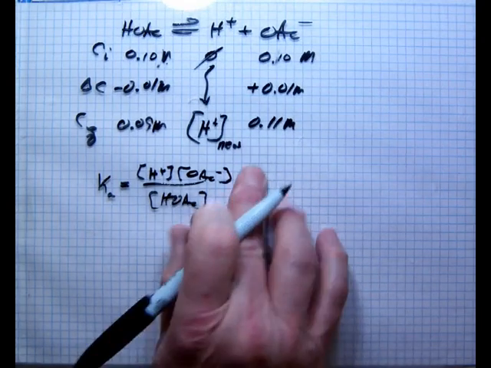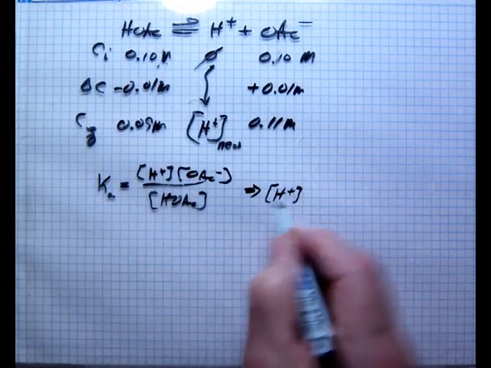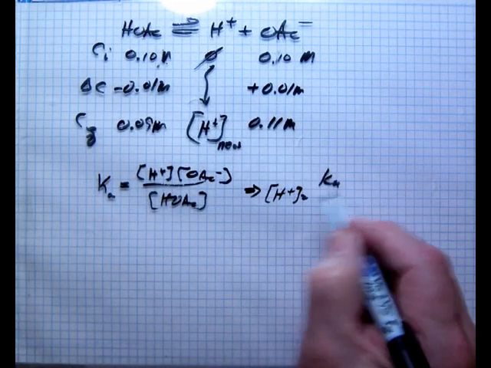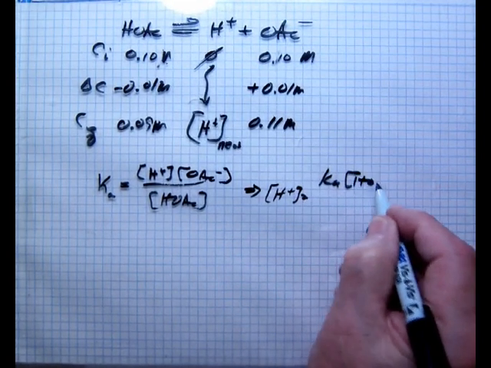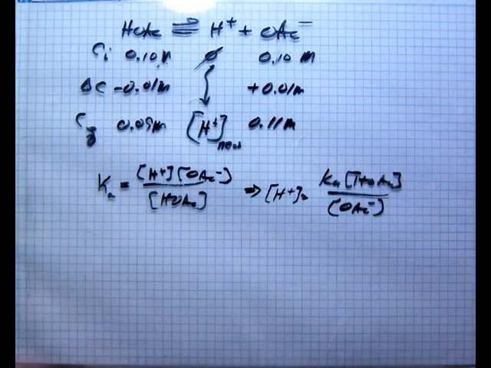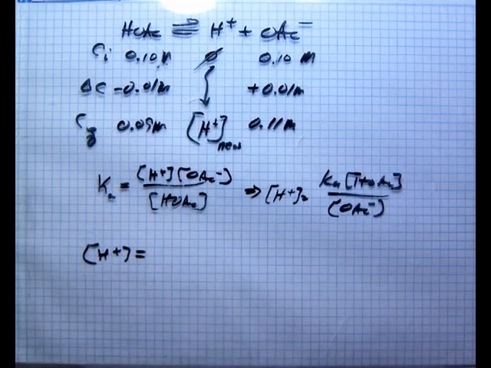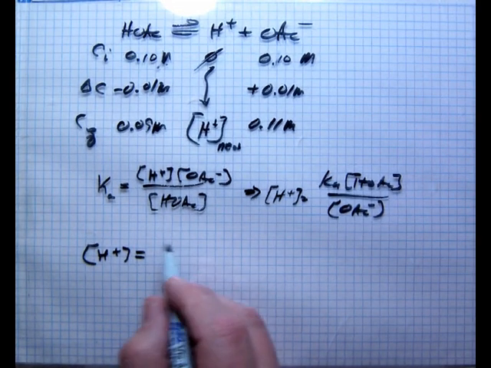So I just solved this for hydronium ion real quick, and we'll use that: Ka times HOAc over OAc. We'll substitute the appropriate values, see what the new hydronium ion concentration is, and calculate pH and see how it compared to before. And it'll shift to a more basic end in this case.